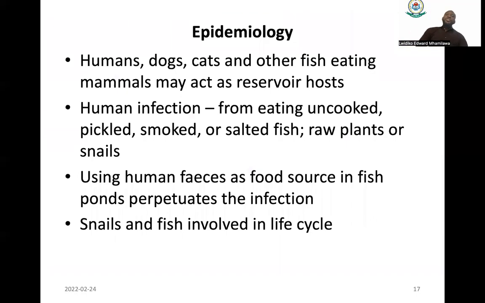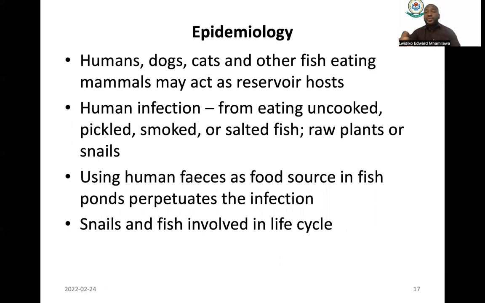So the epidemiology, when we're talking about these parasites: humans, dogs, cats, and other raw fish-eating mammals are the reservoirs, and human infection from eating undercooked or pickled or smoked or salted fish can be a cause. And then using human feces as a food source, for example in fish ponds, perpetuates the infection.